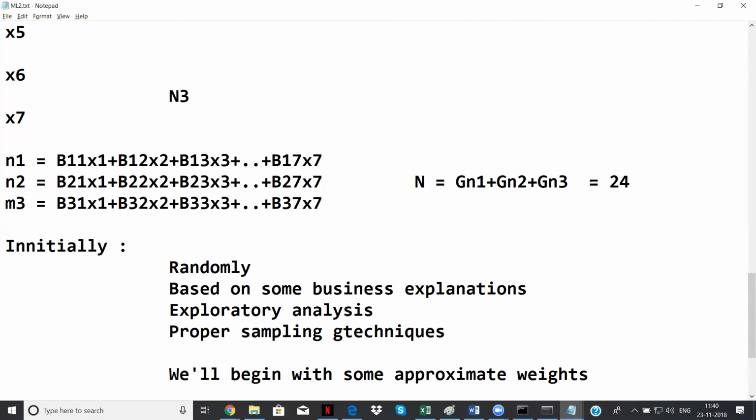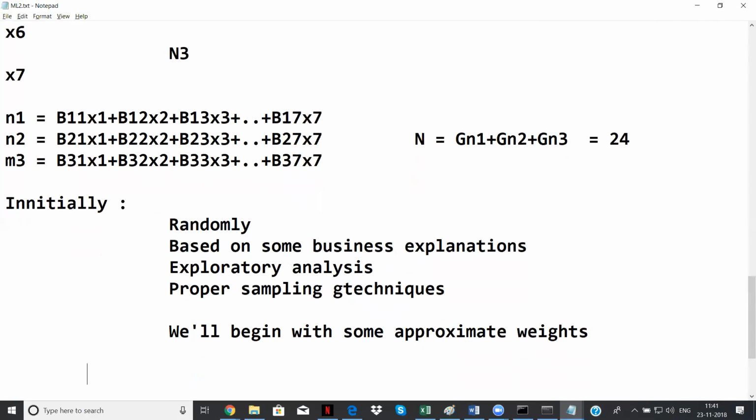All the 24 of them. Clear? I hope you're able to understand that. We will initially guess some weights. The algorithm will initially set some weights and it will start the process.